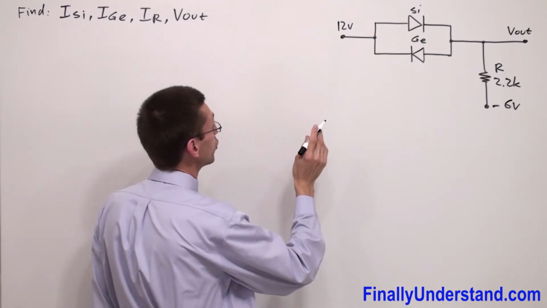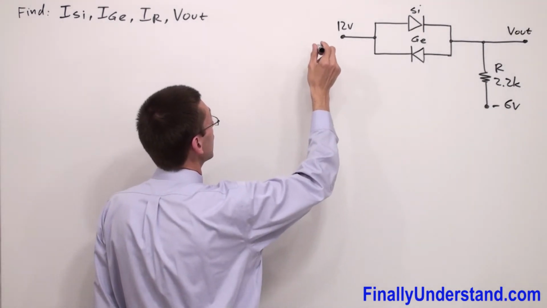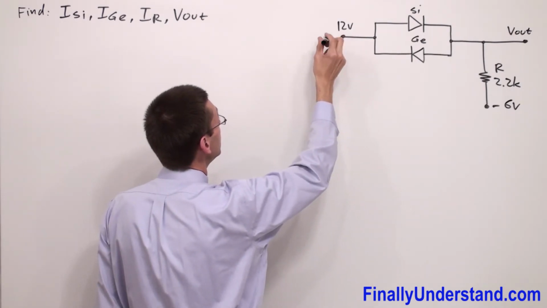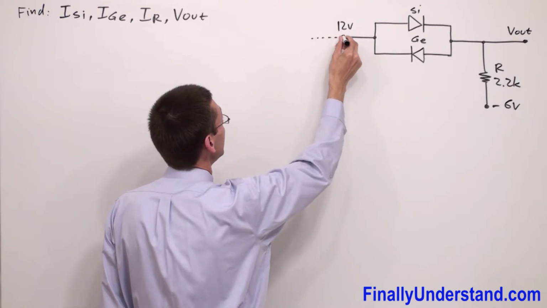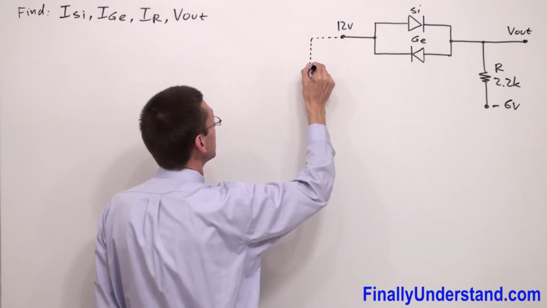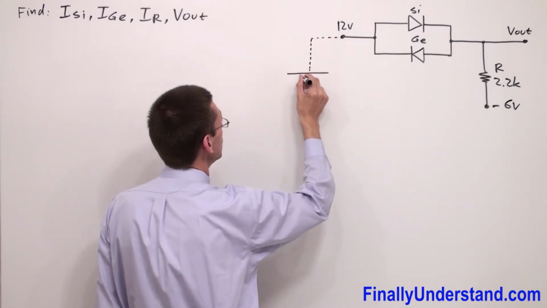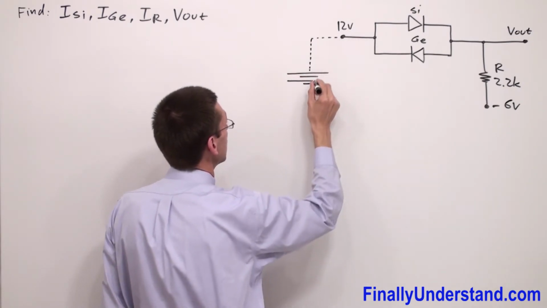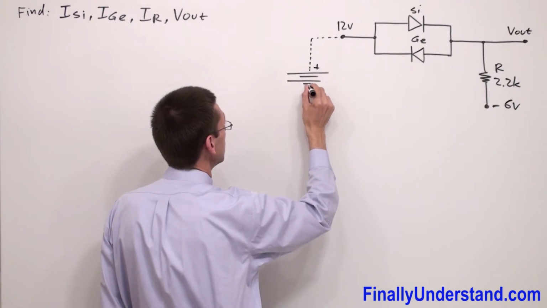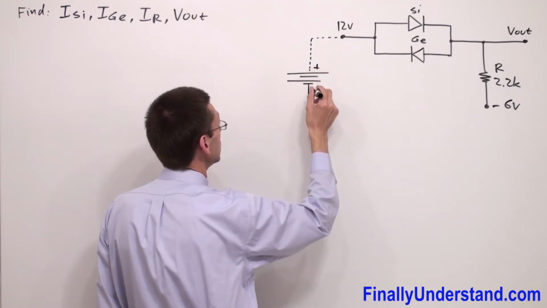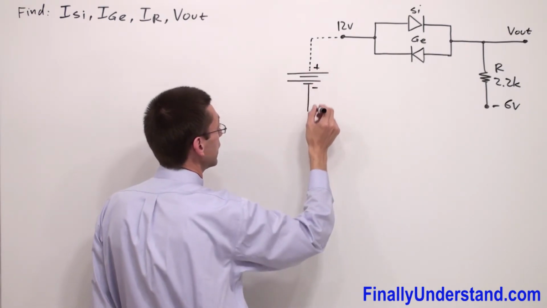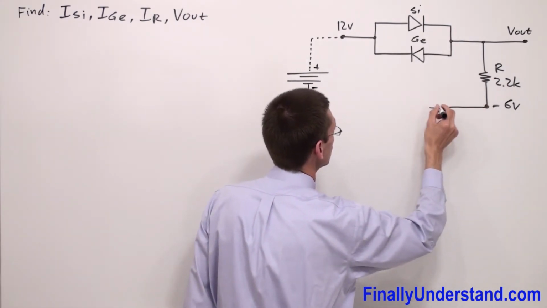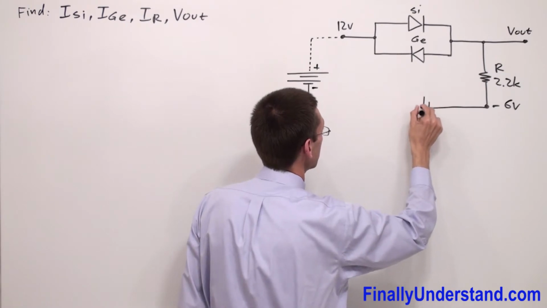So what we're supposed to do first is realize that anytime I have 12 volts, you're supposed to automatically see in your mind that we have a DC power supply connected to this terminal by positive terminal, and I have negative, and I have another power supply connected to the resistor by negative terminal.